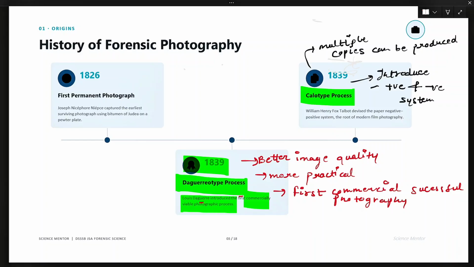This becomes the foundation of later film photography. So the calotype process will become the foundation of film photography later.